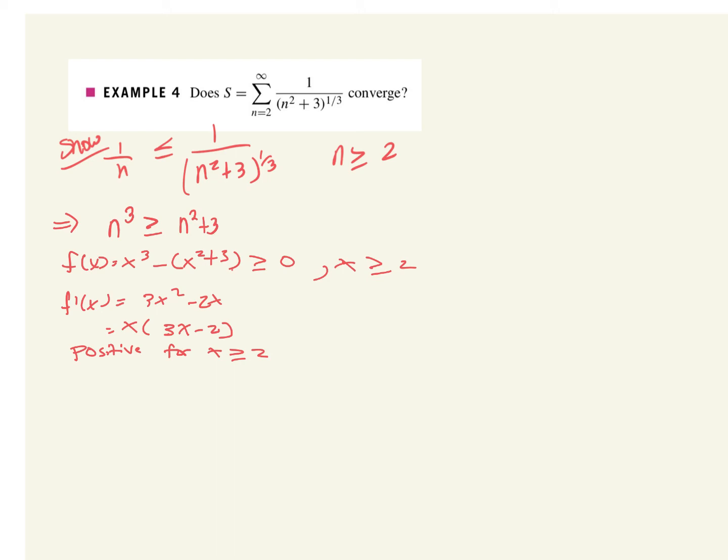So therefore, f of 2, which equals 1, we can make the statement that f of x is greater than or equal to 1 for all x values greater than or equal to 2, because it's increasing.